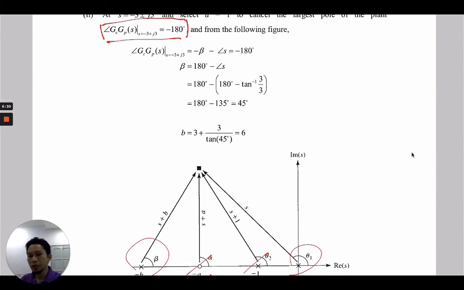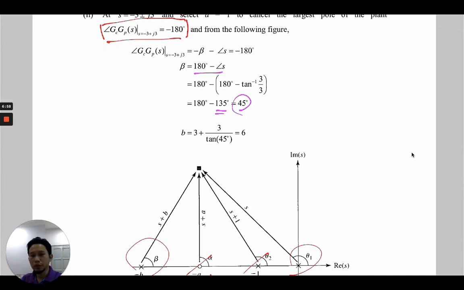That's why you have a negative term here. When we rearrange, we get 180 degrees minus the angle of s, and we calculate the angle of s to be 135 degrees, so 180 minus 135 equals 45 degrees.